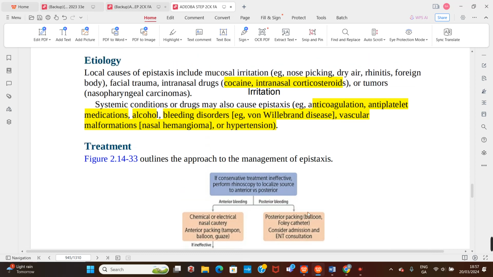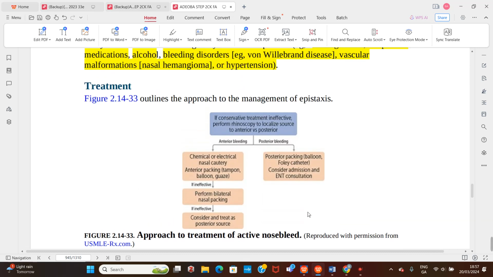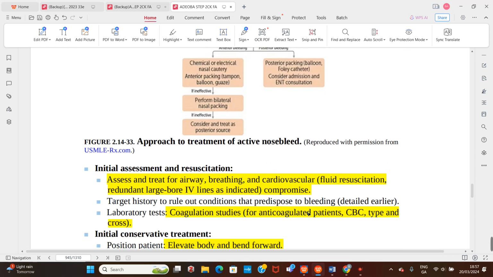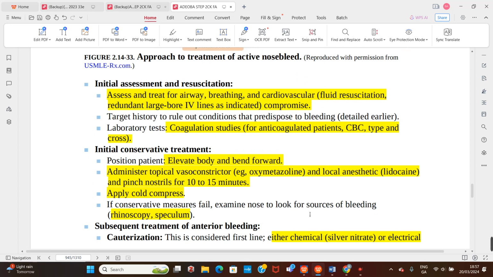But if it's not very bad, the first thing you do is just to sit up the patient. Then you tilt the head forward and not backward, because if you tilt the head backward, they are going to aspirate into the airway. So put the head down so that you can facilitate the drainage and prevent aspiration. Then after you do that, you want to apply pressure.